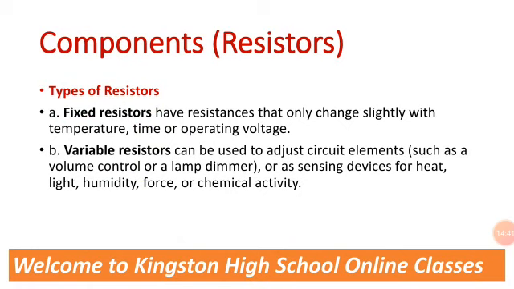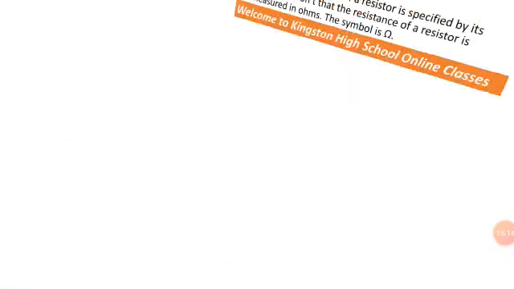Or as sensing devices for heat or light, humidity, force, or other chemical activities. So this one regulates, because once the amount of current that enters is regulated, it means that these parameters can also be regulated. Parameters: volume, lamp dimmer, sensing device for heat, light, humidity, force, and chemical activities.